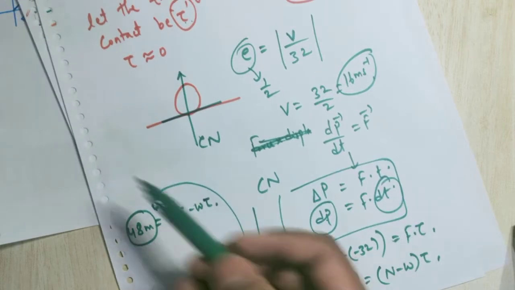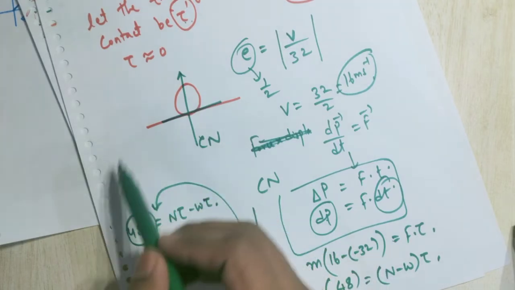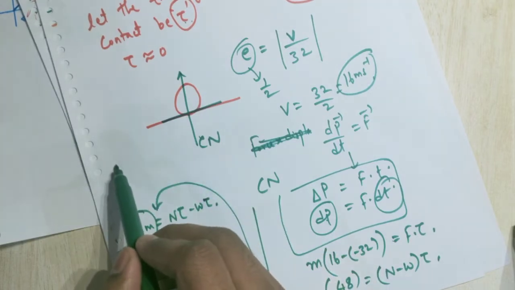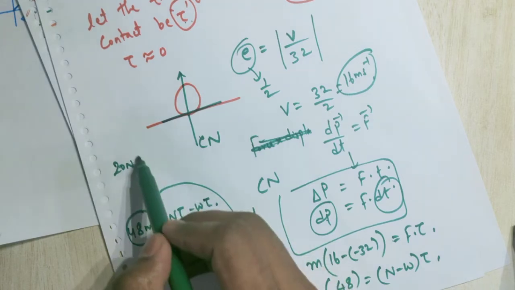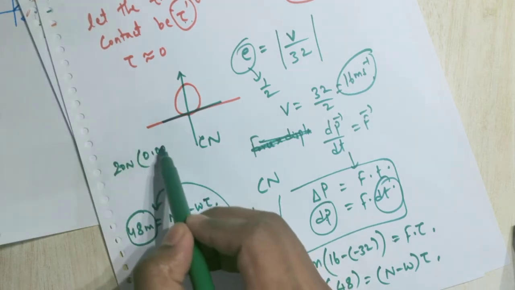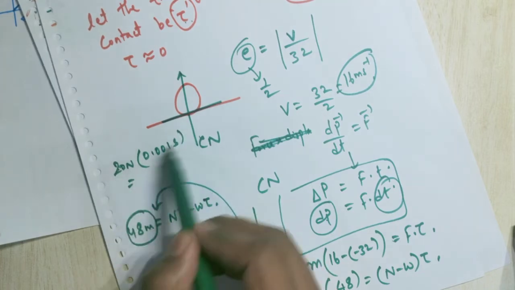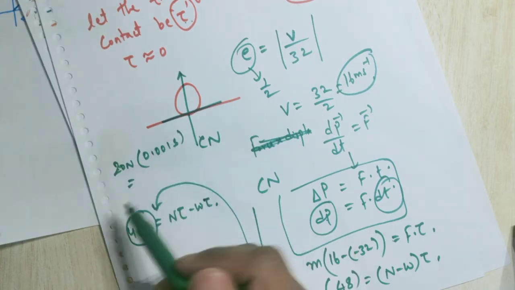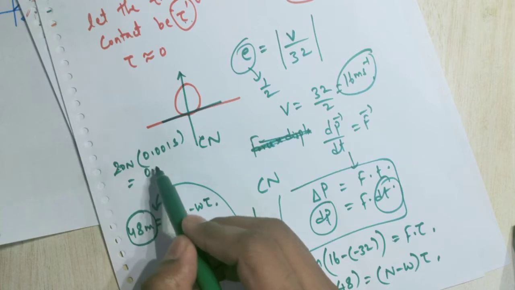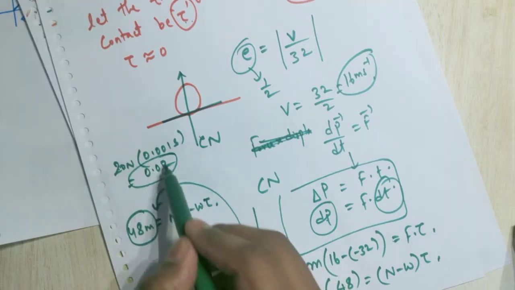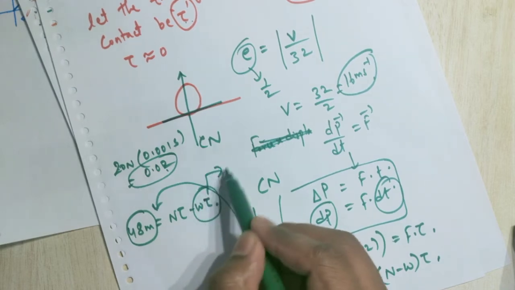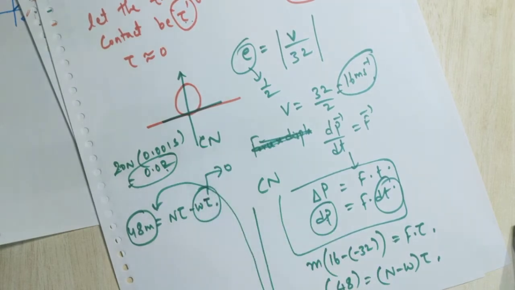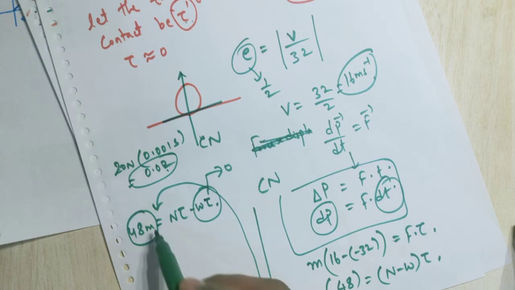Let us say the weight is some 20 newtons for the ball, and the time is 0.001 second. Then 20 into 0.001 gives 0.02. 0.02 is a very small quantity, so we can ignore this to be 0. So from here we get N into tau is equal to 48m.